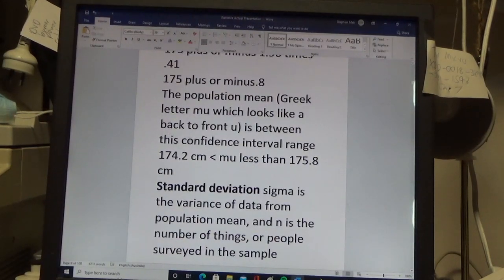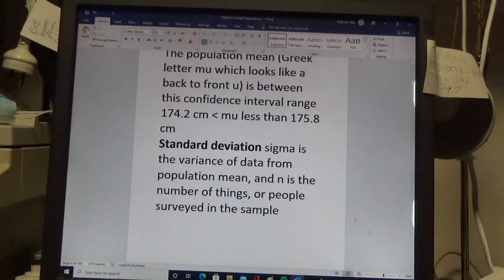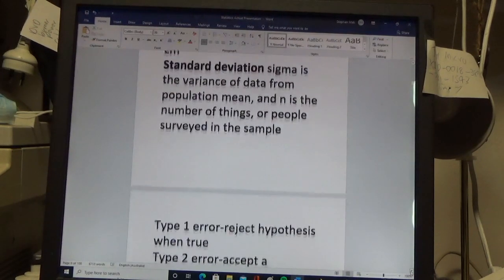That's an example of a confidence interval range where mu is between those 2 values. You put forward that your population mean is between those 2 values. Yeah, that was the height example.